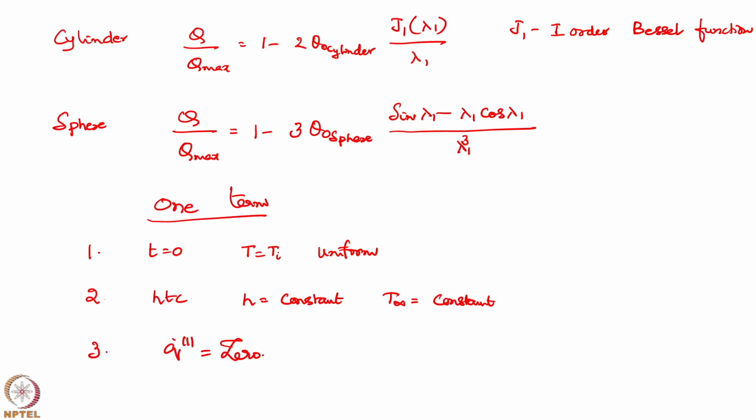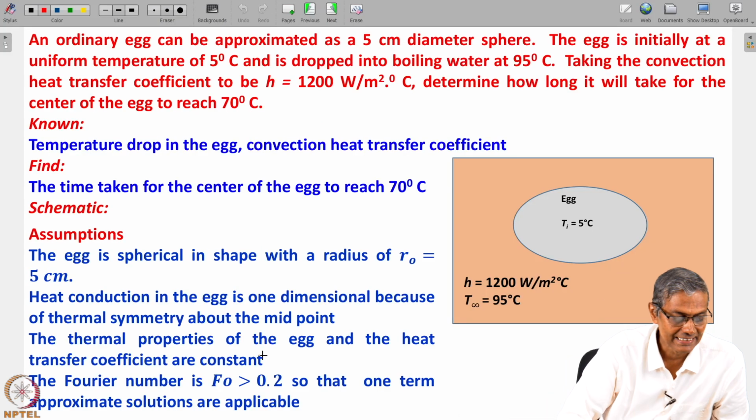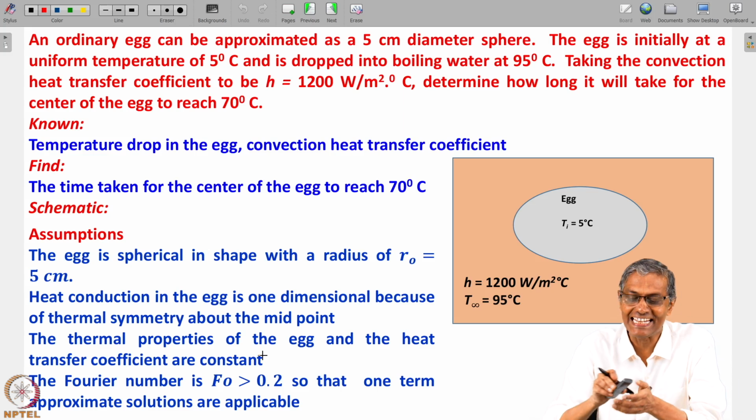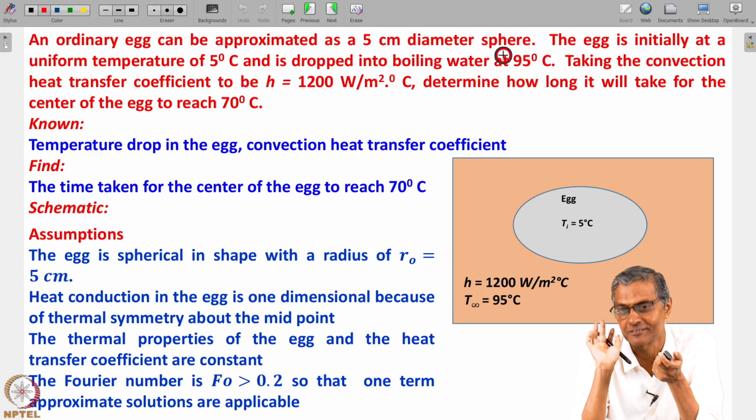So, what we will do now is take up a simple problem dealing with a sphere. I will take a problem of an egg. An ordinary egg can be approximated as a 5 centimeter diameter sphere.